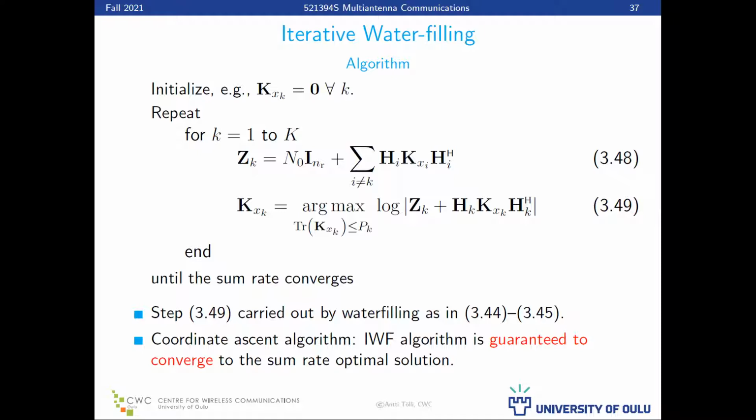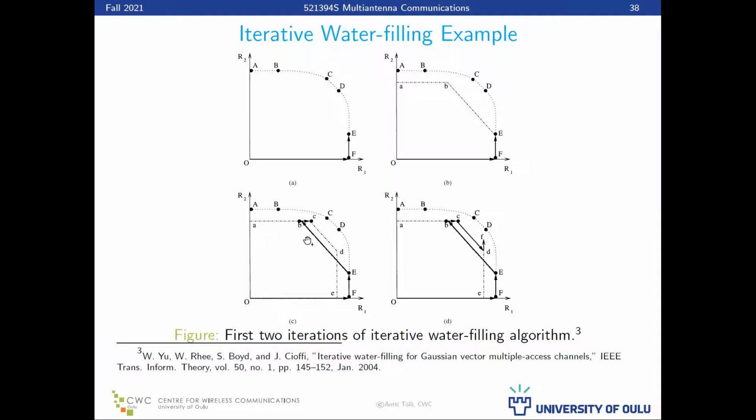Now you go back to user 1, and you have the interference from user 2. So you optimize your transmit covariance matrix given the interference from user 2, and that's exactly what happens here.